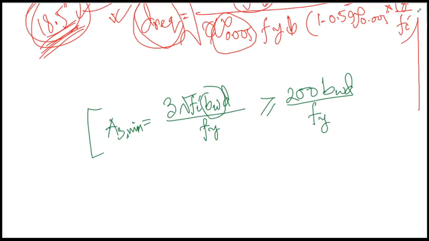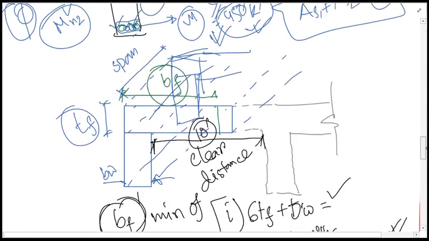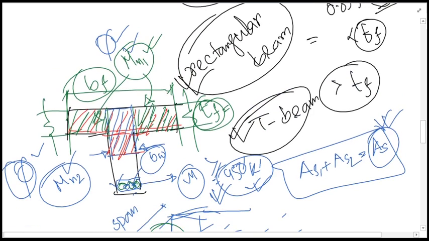Say, for example, if it is a T-beam, even then you will be using this bw instead of bf, although in all other calculations we will be using the compressive area bf, or flange width, or for an L-beam as well.